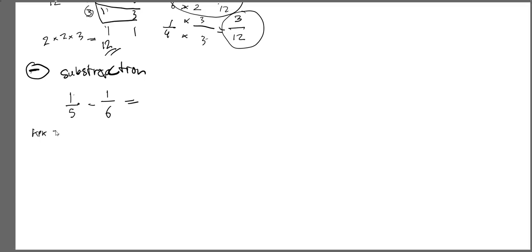To make it short, it is 30. So 5 times what becomes 30? It is 6. And 6 times 5 becomes 30. So it becomes 6 per 30 minus 5 per 30 equals 1 per 30.